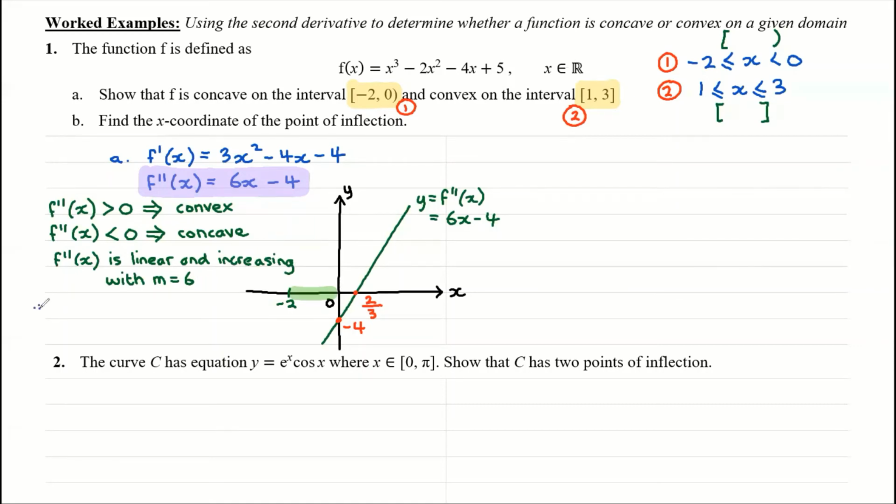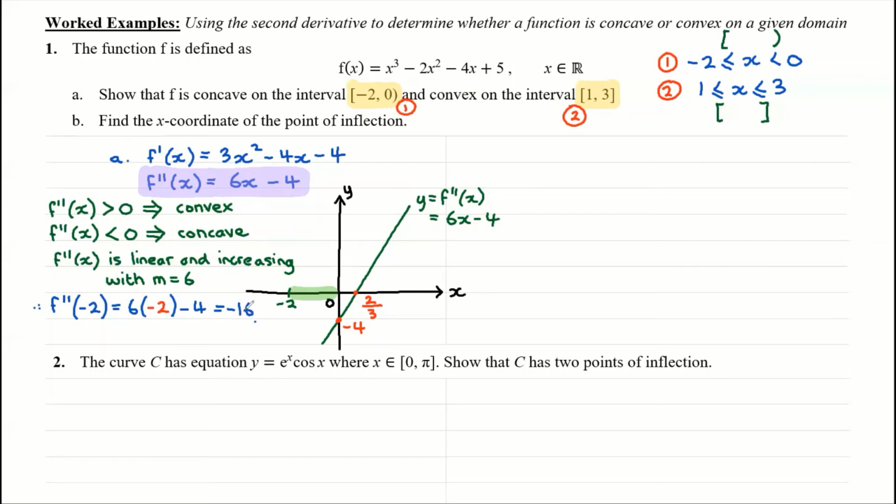So therefore, if we do f double dash of -2, we can deduce what the y values would be: we would get 6 lots of -2, subtract 4, which is very negative indeed, isn't it? So that's -12 minus 4, which is -16.